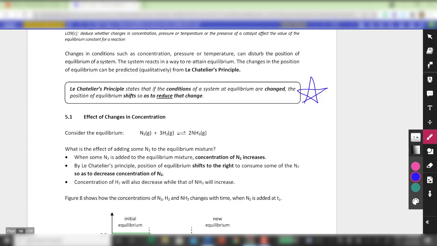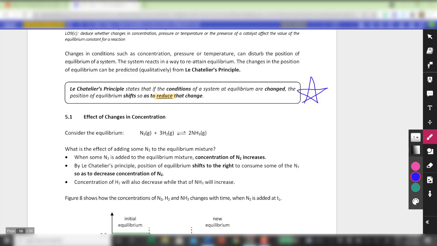Basically it states that if the conditions of a system at equilibrium are changed, meaning you subject the system at equilibrium to some stress, then the position of equilibrium will shift in a direction so as to reduce the stress or mitigate the stress. Remember, it does not remove the stress, it reduces the stress or the change.